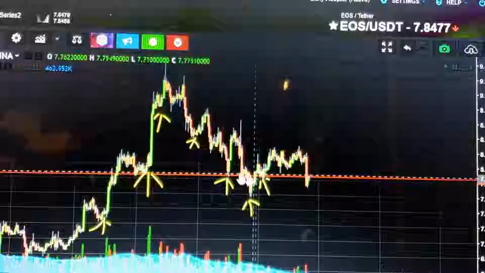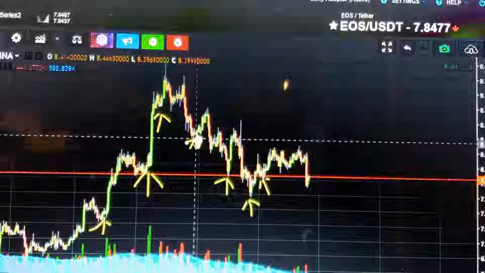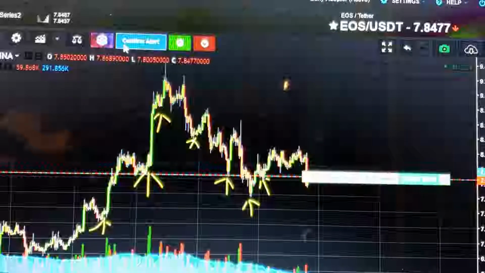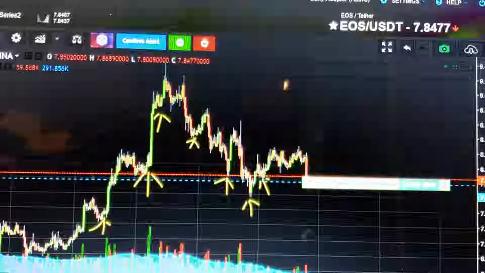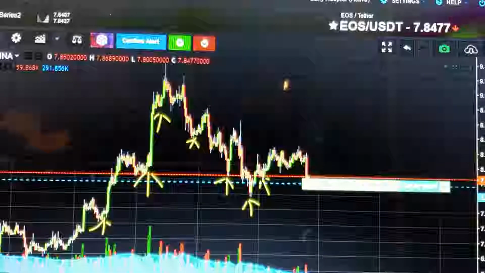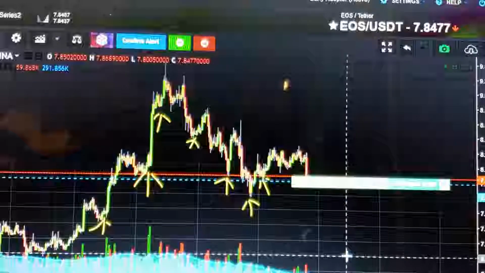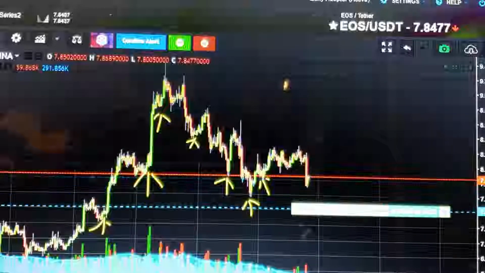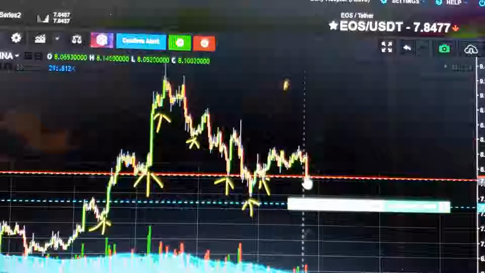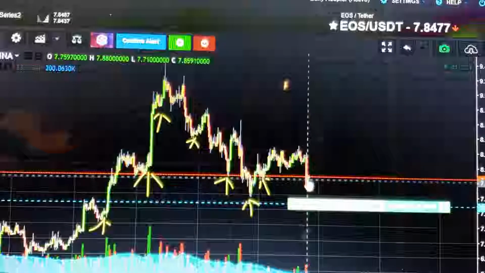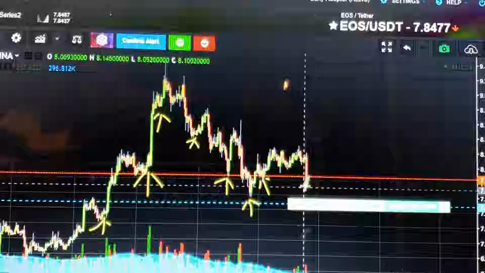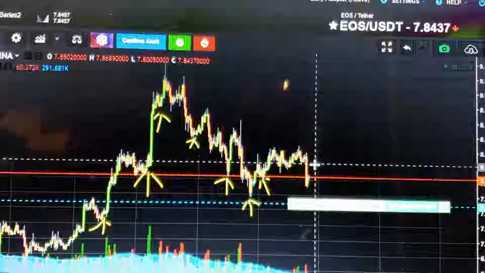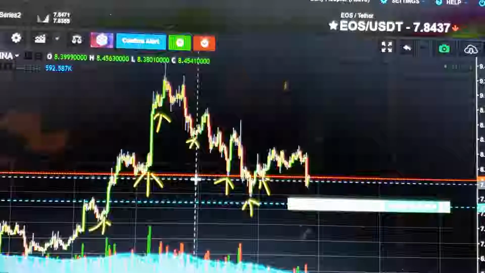So when you find these, then you would just set your alert just below the base, which we already cracked this one, and we actually got a buy right down in here, and we're looking to get back out up here.